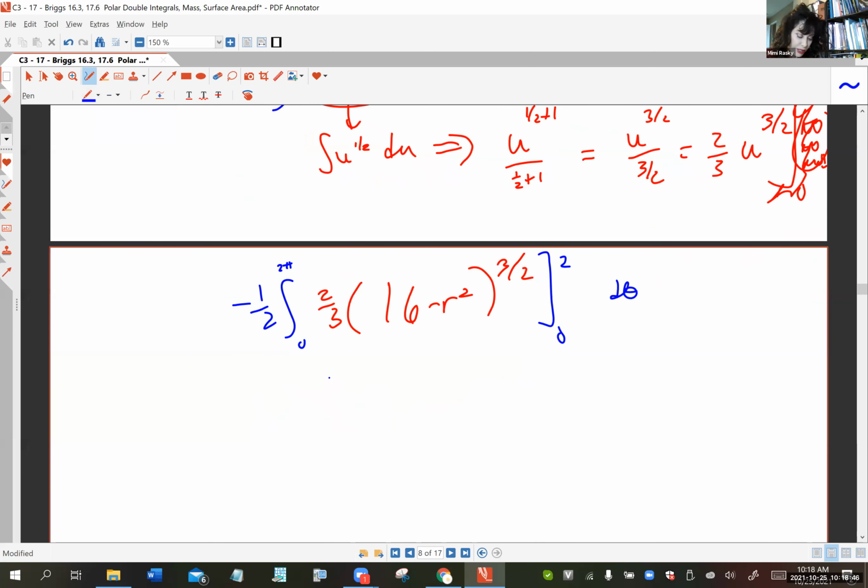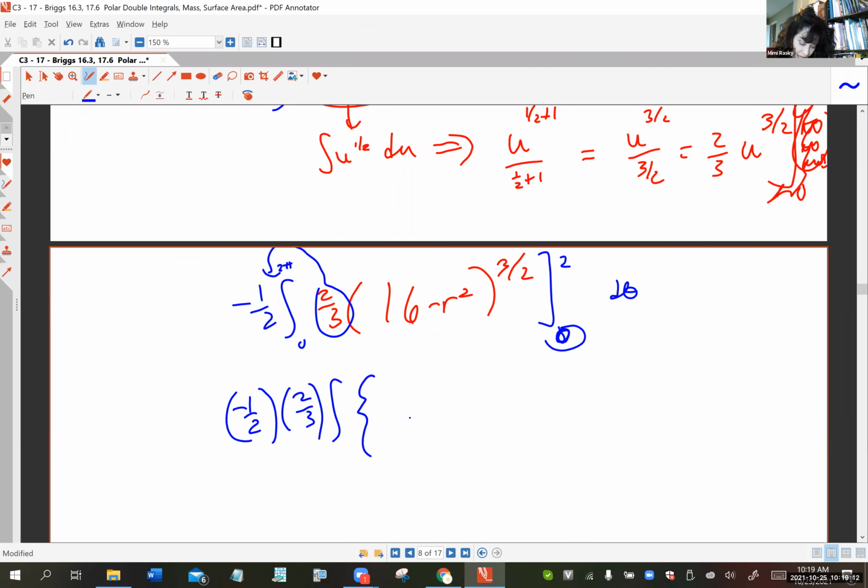Now you have to be careful here because a lot of times when people see the 0 for the limit, they go, oh yeah, I don't even have to worry about plugging in the 0 because everything always goes to 0. Not every time, and definitely not in this particular case. So be careful. I'm going to whip the 2/3 out in front just because it's just a multiple.